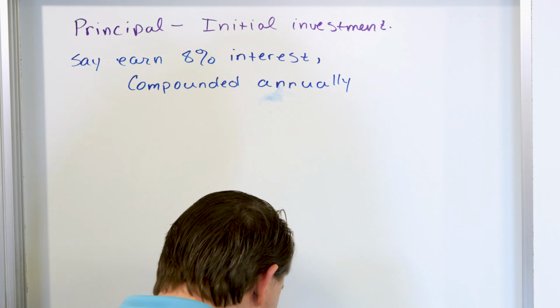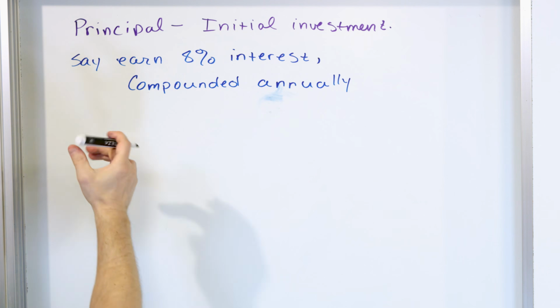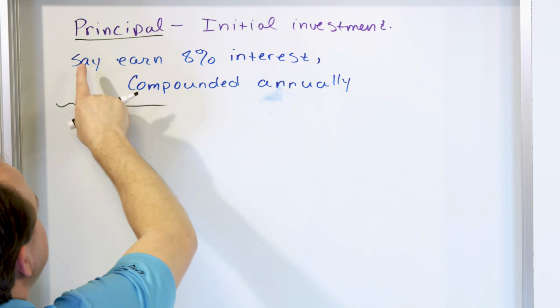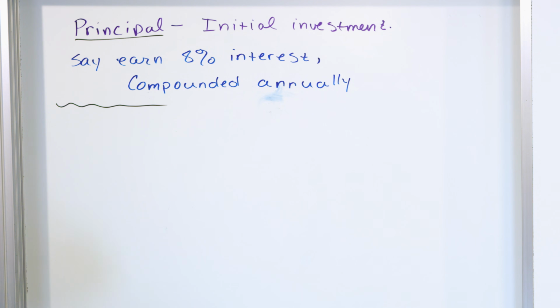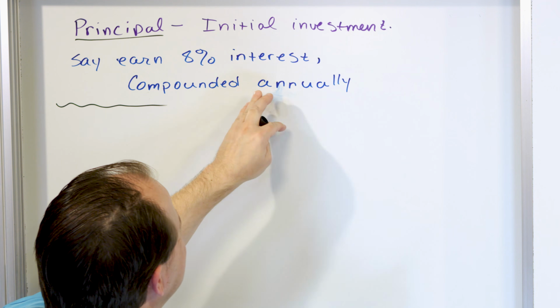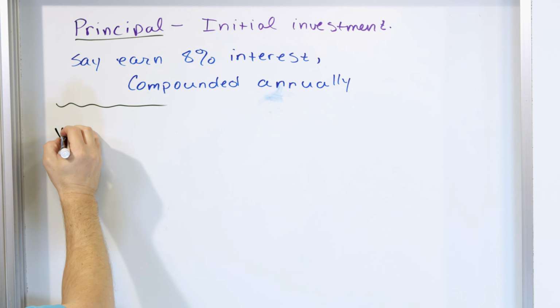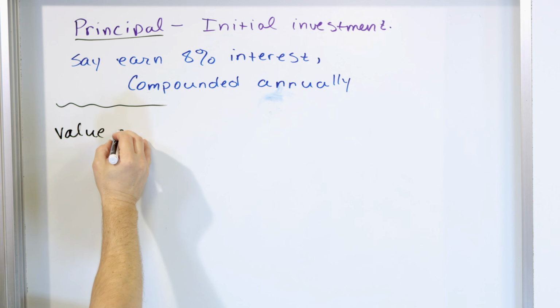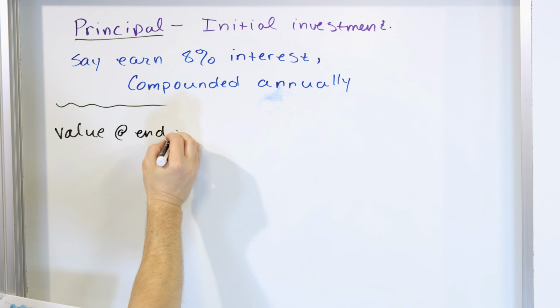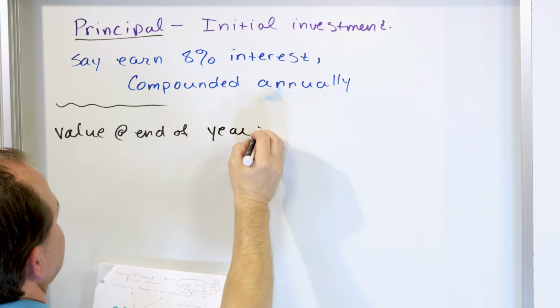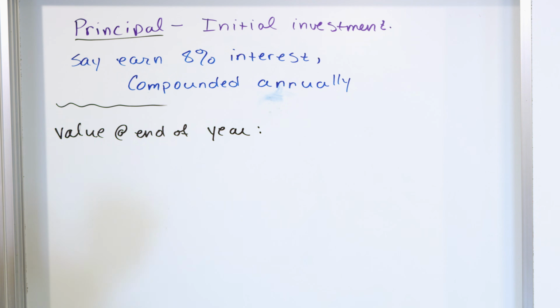So how would we calculate how much money I actually have in the bank if I invest some amount called the principal, initial investment, but let's just pretend just for this example that it earns 8% compounded every single year, which means annually. Okay, so what we have then is the value at end of the year is going to equal the following thing. It's going to be, let me write it all down, then I'll explain it to you.